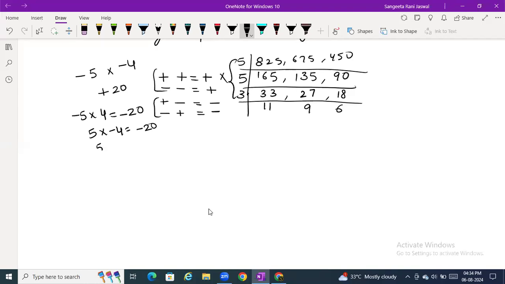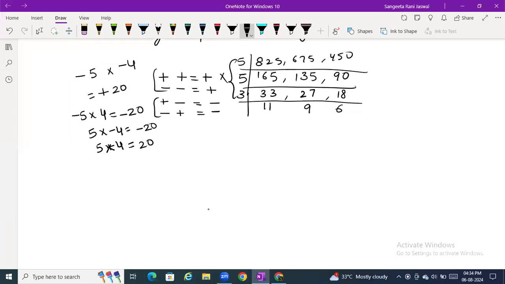And if you have both plus signs, then 5 into 4 is 20, and plus into plus is plus only. Okay? So follow the sign rule, whatever it is: addition, subtraction, multiplication, division.